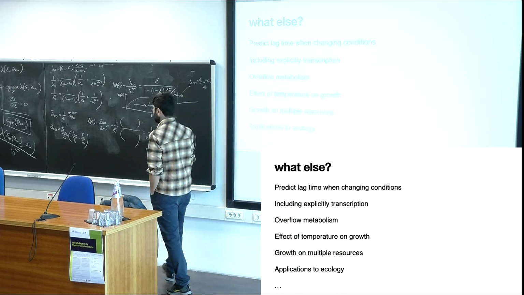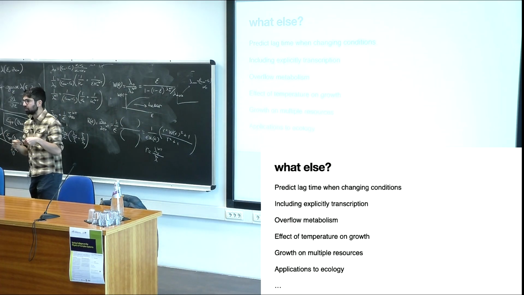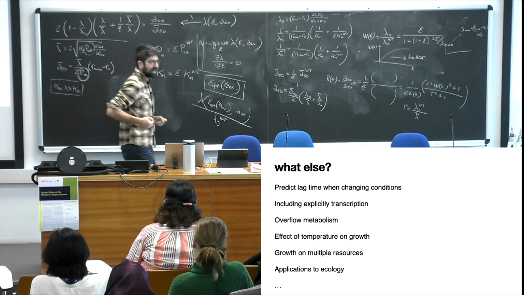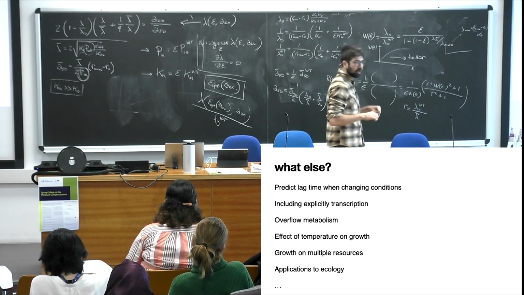You can use this framework to explicitly include the previous steps, so DNA transcription and the dynamics of messenger RNA. You can use these to model overflow metabolism, so basically when cells are growing, sometimes they secrete metabolites which can be used for growth.